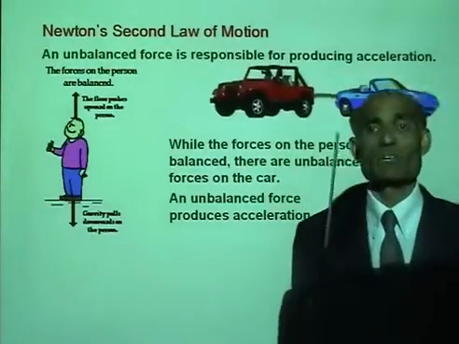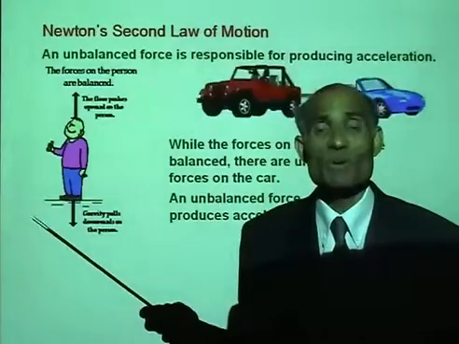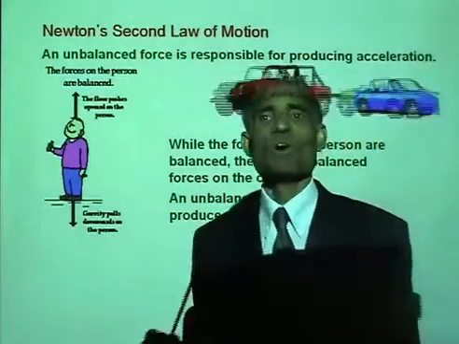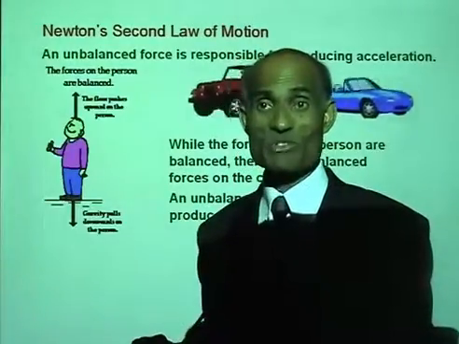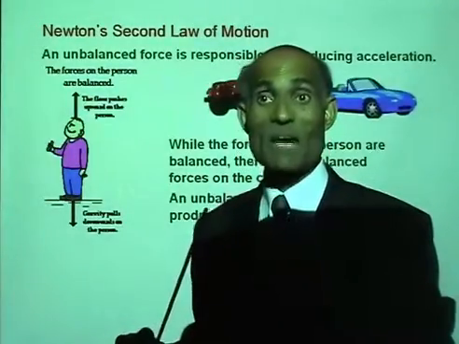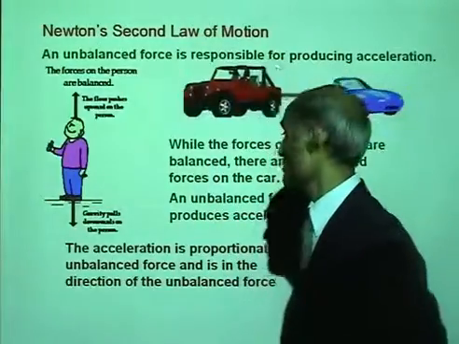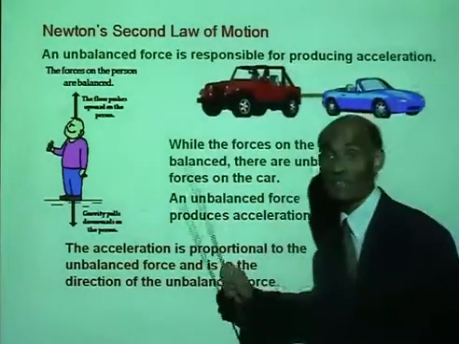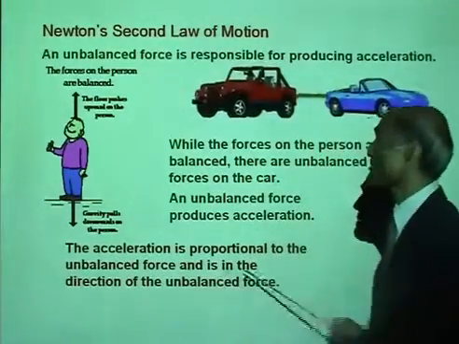Be very sure about it. An unbalanced force will produce acceleration. So if I ask you, what will an unbalanced force do on an object? What's your answer? The unbalanced force will produce acceleration on the object. And the acceleration is proportional to the unbalanced force.